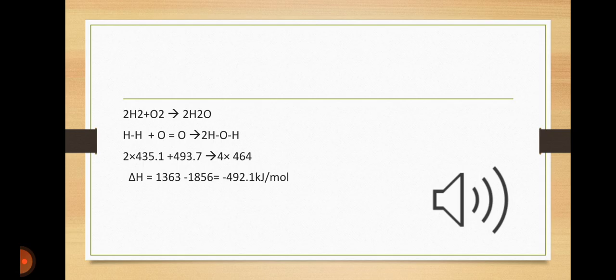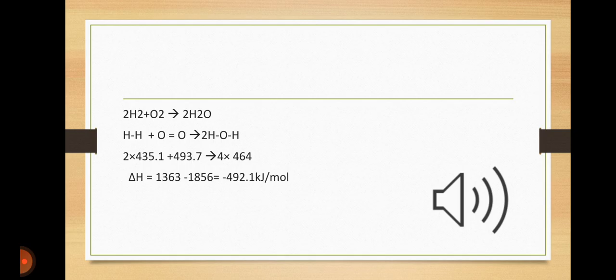If the change in enthalpy delta H is negative, it means the reaction is exothermic. Heat is evolved, so the reaction is exothermic.